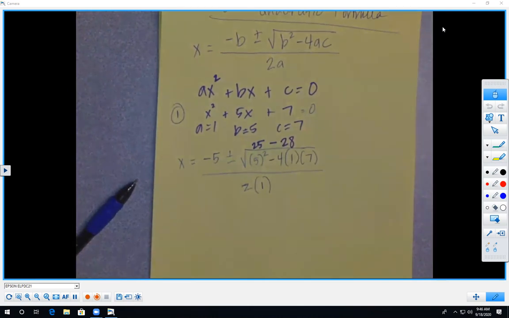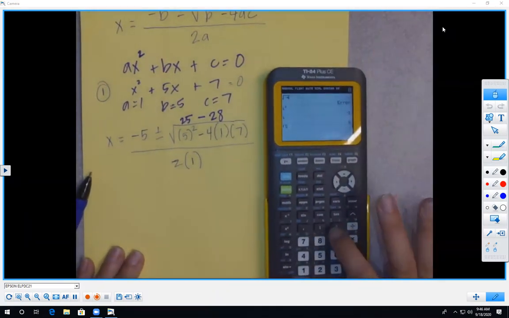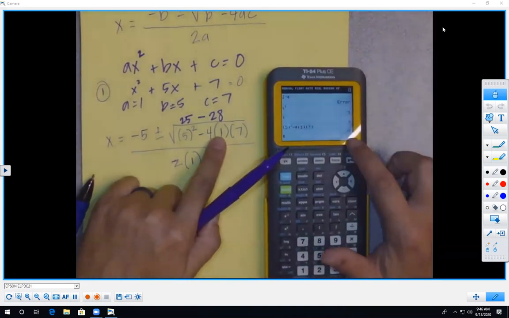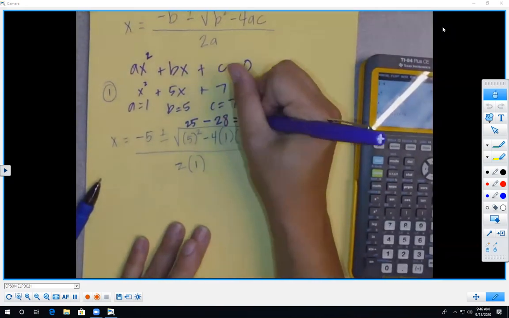You could also use your calculator on this part if this is the part that is really big numbers, or you have a hard time coming up with it, or you always mess with the negative. Just don't put the square root in your calculator. Just do the 5 squared. So 5 squared minus 4 times 1 times 7. If you just type it in exactly like that, it should give you your answer of negative 3.